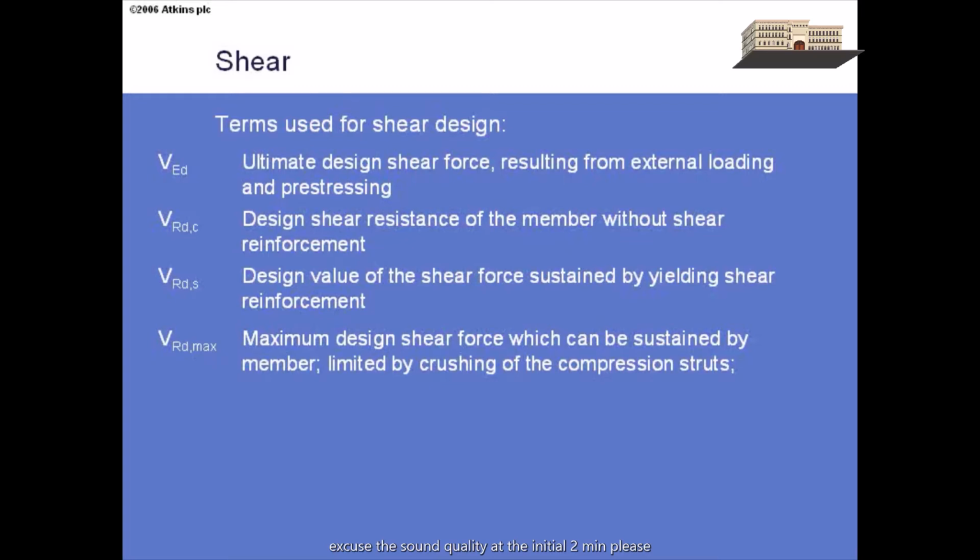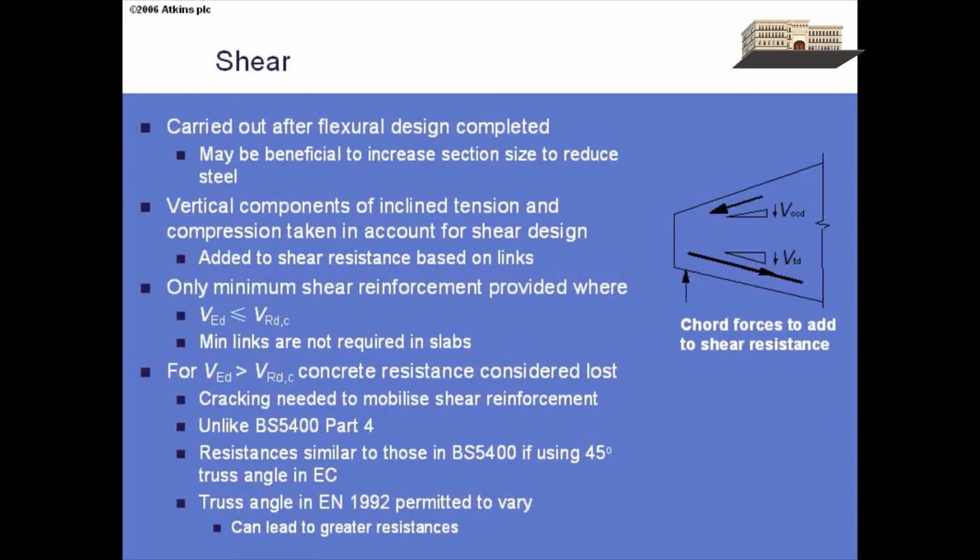So VRD,s is the resistance based on shear reinforcement. And then we have VRD,max, which is the equivalent of Vmax in BS 5400, and this is simply the maximum stress or maximum shear force, if you like, that you can apply to the concrete section, irrespective of what reinforcement you put in it, such that the concrete doesn't crush.